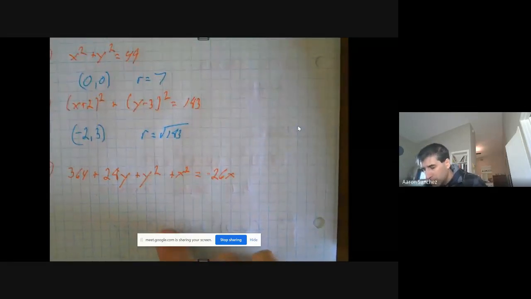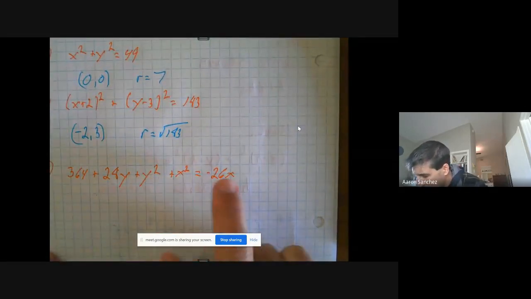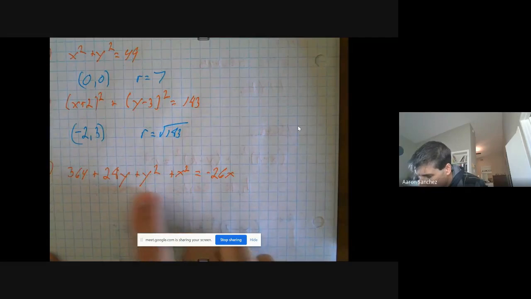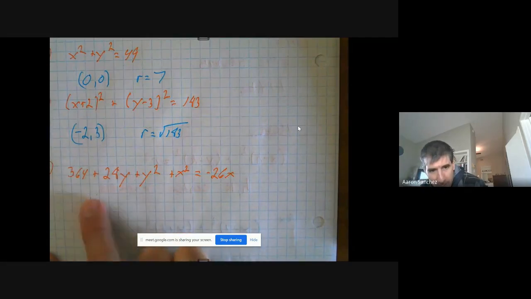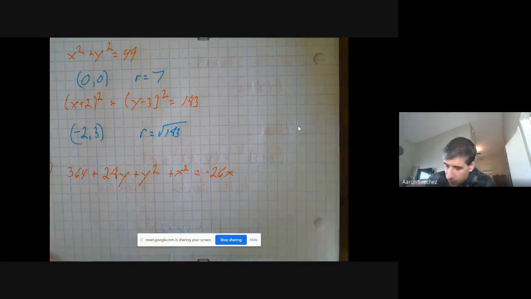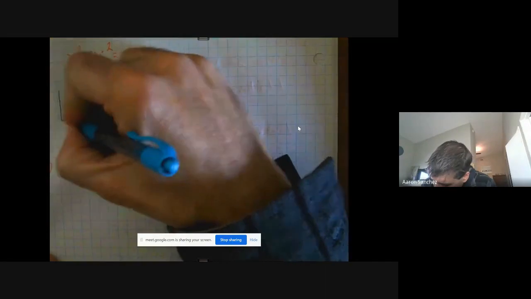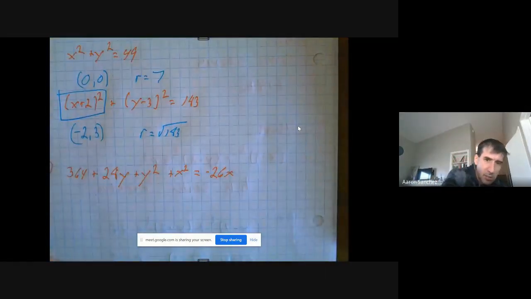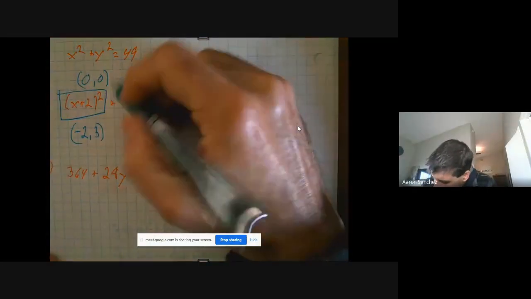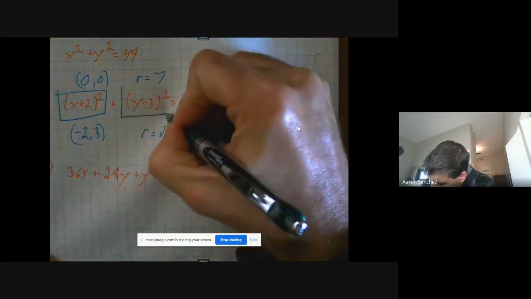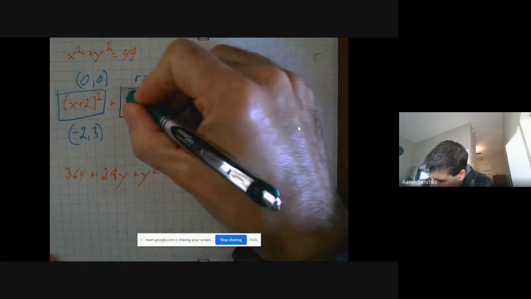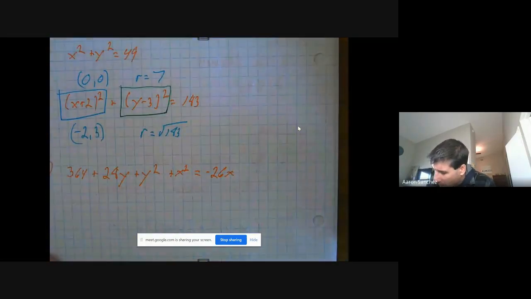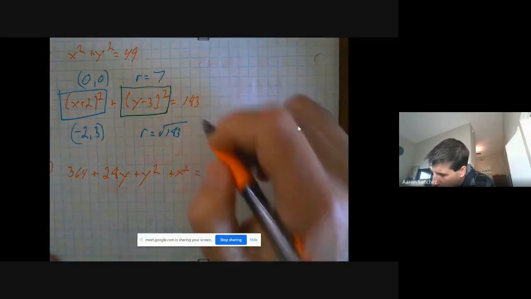So notice this. I have an x squared, an x, a y squared, a y, and a number. Generally, the way we want it to look, if you look at the one above, we want our x's, and then we have the y's, and then we have our number.